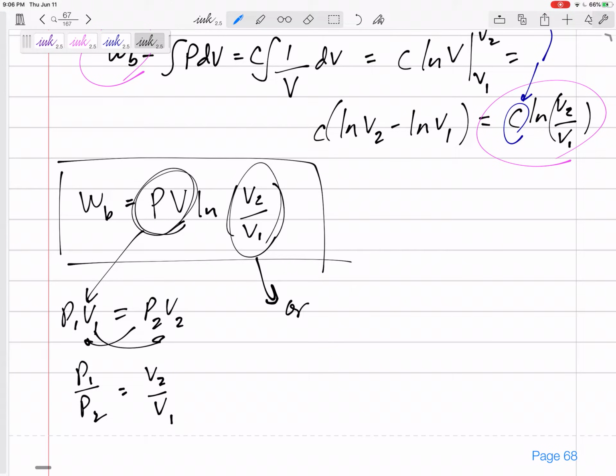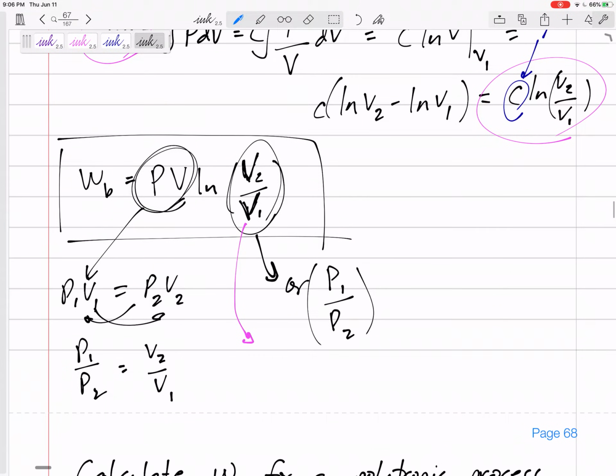Be careful there, because these subscripts switch, but V2 over V1 is the same as P1 over P2. So maybe I can use P1 over P2. We just derived these with capital V volumes.